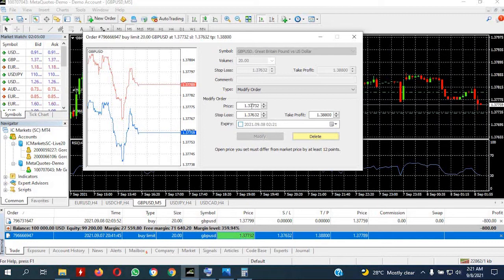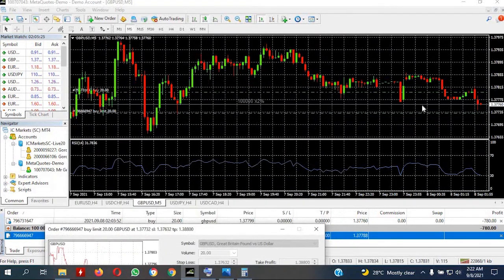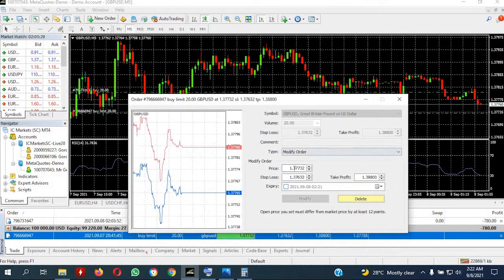This is the current price where I bought the currency, which is 37,733. This is a buy trade, so I'm buying the currency with the intention that it is going to go higher than this price that I bought it for. So anything below this price is going to be regarded as a loss, right?